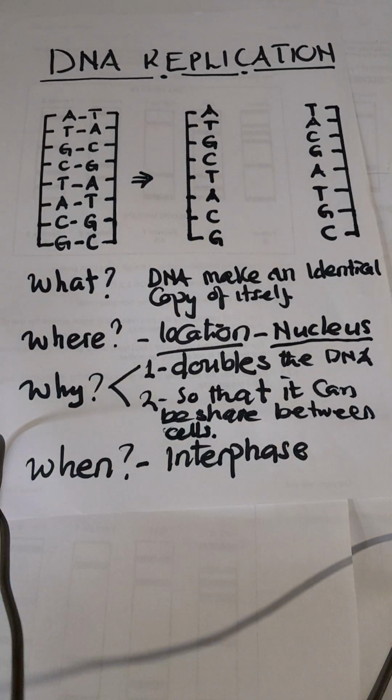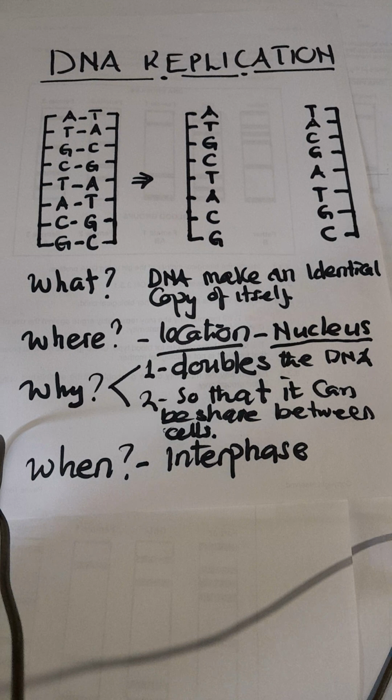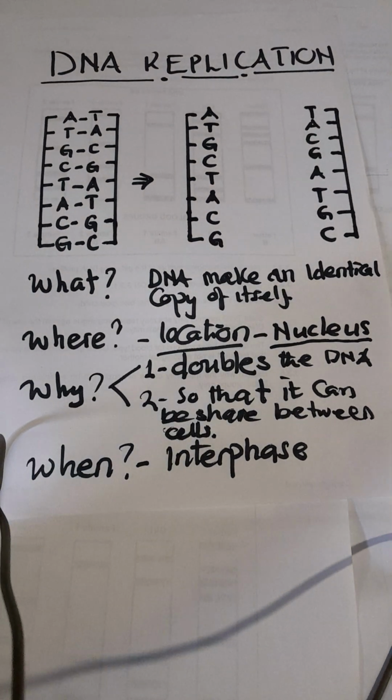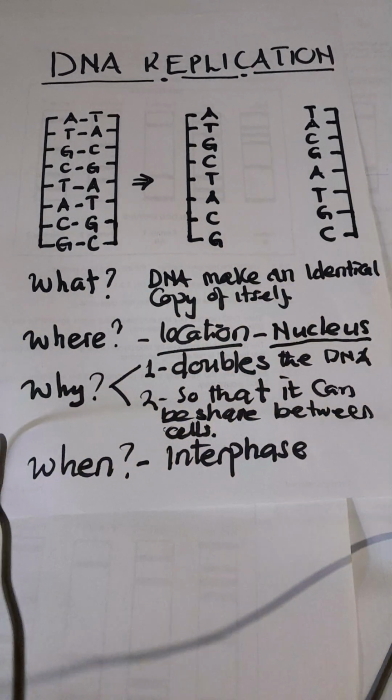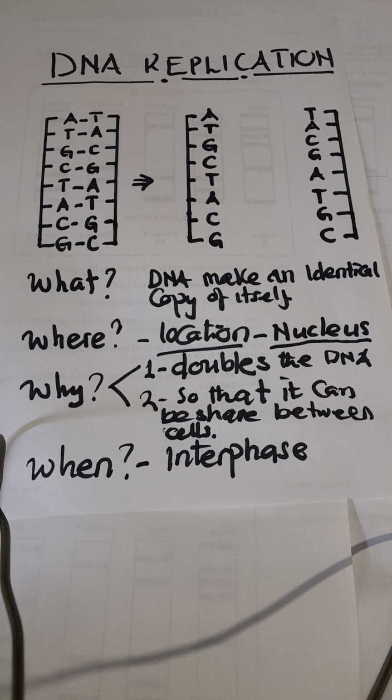Now remember, this process is also a link between mitosis, which is cell division, as well as the process of meiosis, where gametes are formed. So therefore, it's very important that DNA is doubled. Why is it doubled? So that it can be shared between the resulting daughter cells.